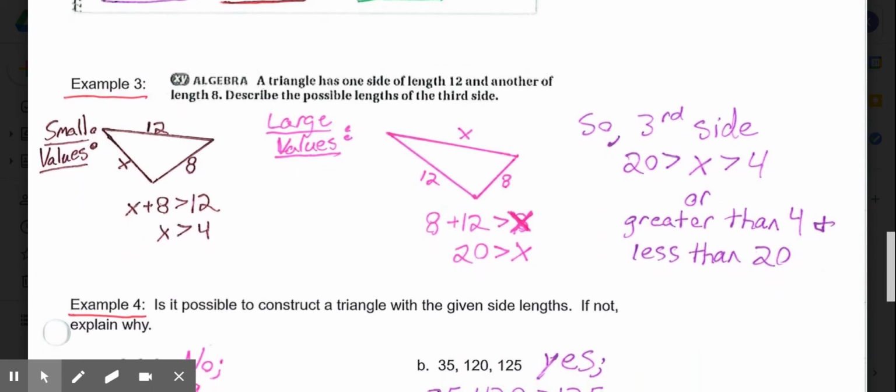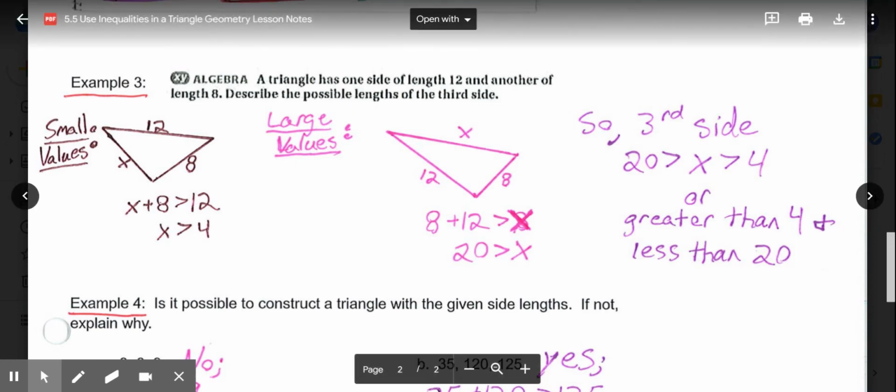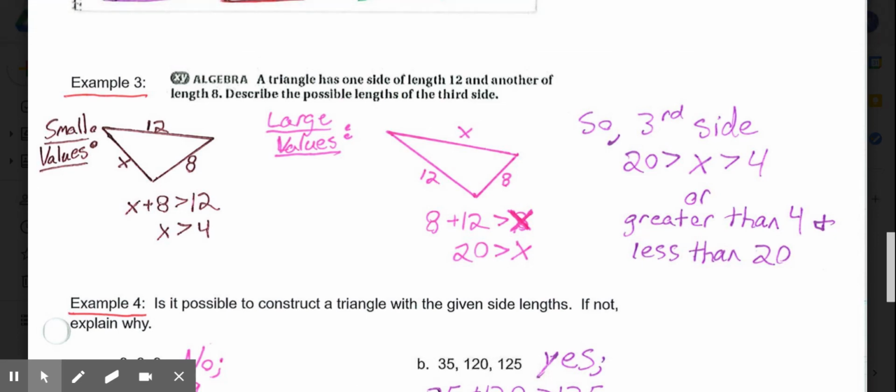So example 3, doing the algebra based around that theorem. So it says a triangle has one side length of 12 and another side length of 8. Describe the possible lengths of the third side. So possible lengths mean, depending how we draw this triangle, we could have some smaller values or larger values.